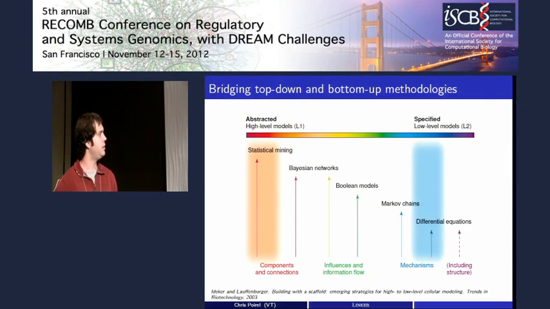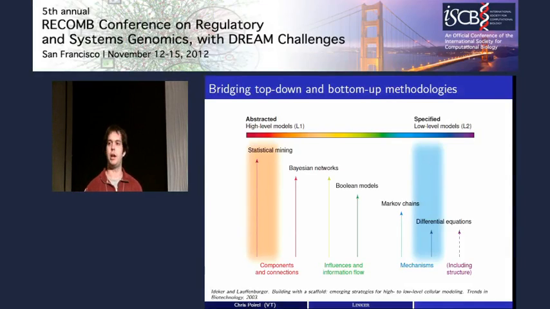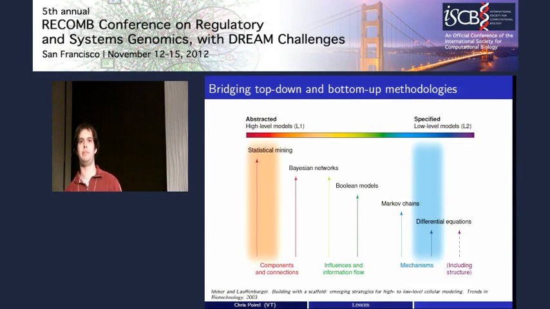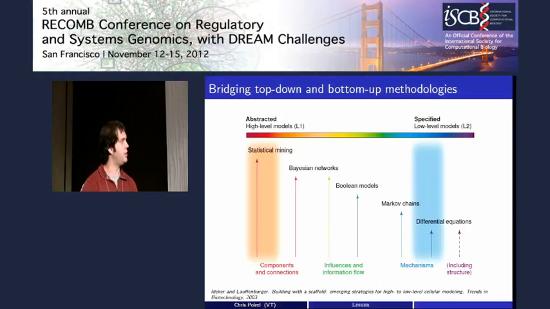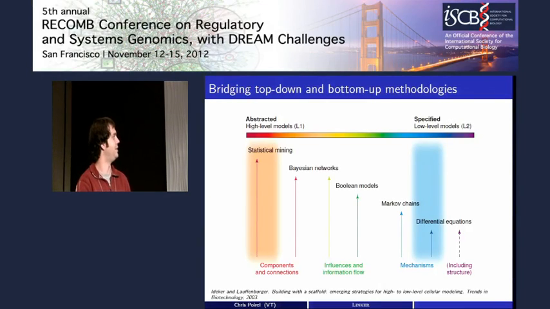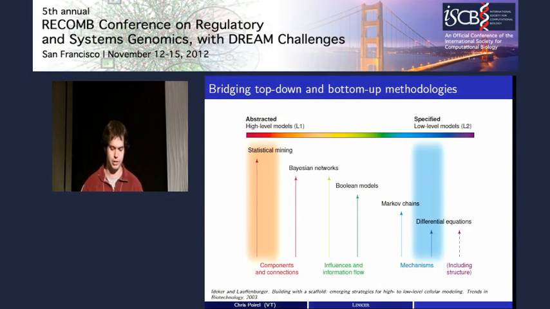On the other side, we have what we think of as bottom-up models, where these models typically start with just a few interactions or a few proteins and try to explain the regulatory events among that small set of proteins. Now, typically, the models on this end of the spectrum are an order of magnitude or more smaller than the models that are on this end of the spectrum.